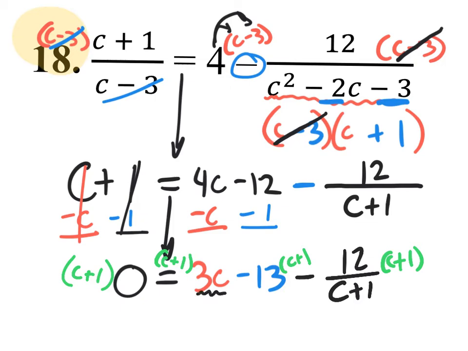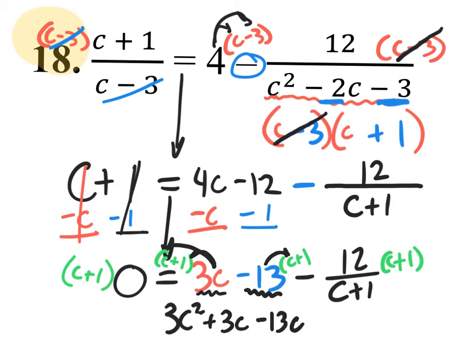We have the 3c times c, that'll give us a 3c squared, and then we also have the 3c times 1, that'll give us a positive 3c, and then we have the negative 13 times c, that'll be a negative 13c.